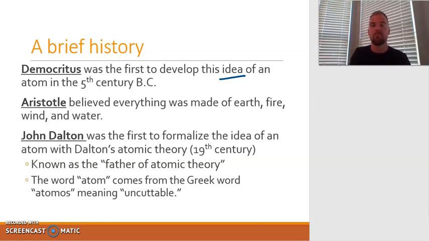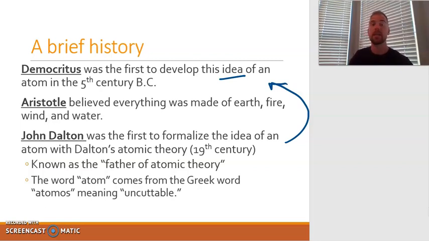It would not be until much later, around the 19th century, that a scientist named John Dalton would come on the scene and actually revisit the idea that Democritus had so much earlier on in human history. And so John Dalton was the first man to actually formalize the idea of the atom. So Democritus came up with the idea, but John Dalton formalized it in what's known as Dalton's atomic theory, which we'll actually see on the next slide.